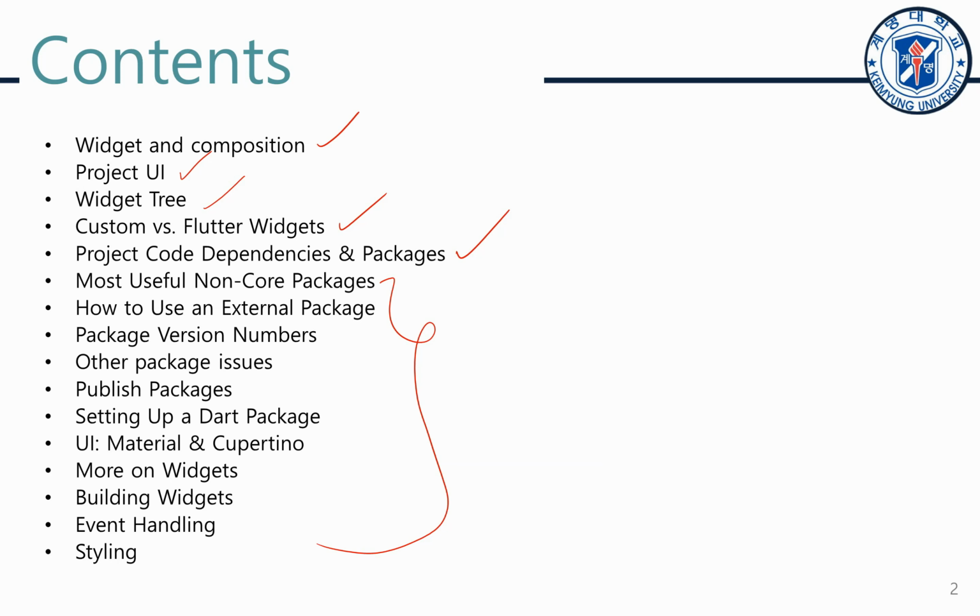Another thing, so far we've discussed Dart. Dart is more about the coding, the functionality and the logic behind the programming. Flutter is about the user interface part of the programming.